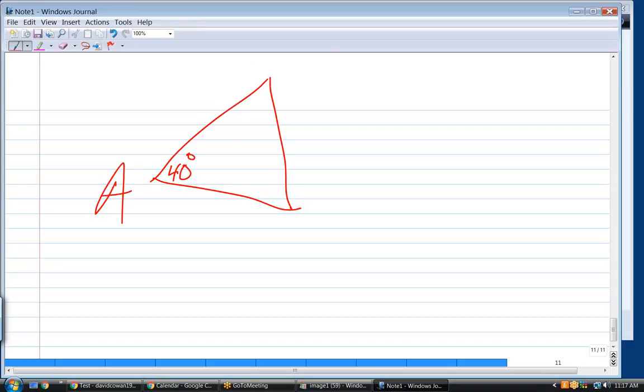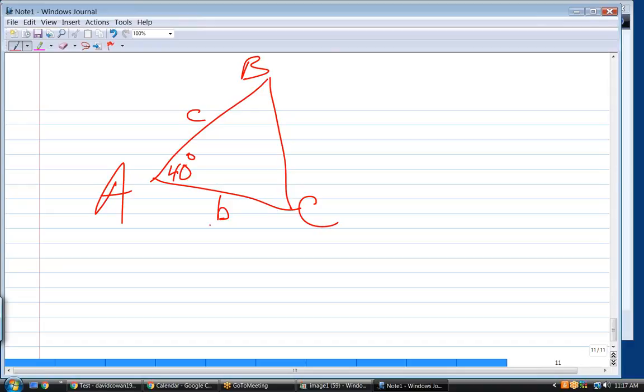I have to know the two sides also. In other words, I could solve this entire triangle using the law of what? Sine or cosine. Well, I'd start with the law of cosines, and then I'd finish it using the law of sines. But that doesn't help me solve for the area right off the get-go.